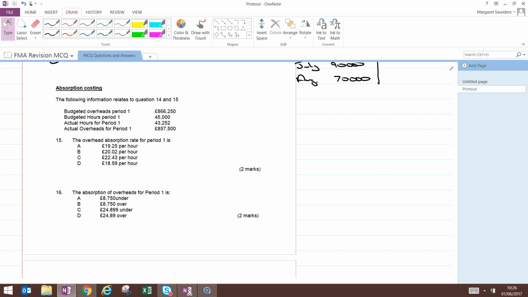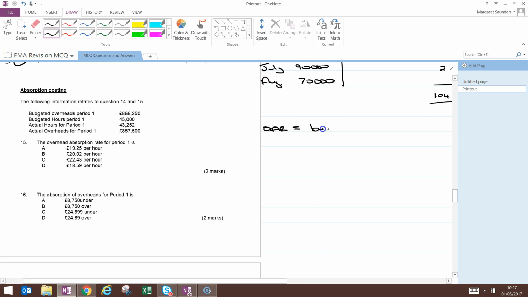So question 15 is working out an overhead absorption rate. Your overhead absorption rate is always your budgeted production overheads divided by your budgeted activity. So look at our question. Budgeted overheads 866,250.